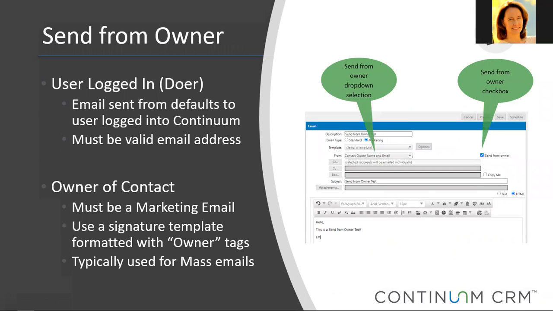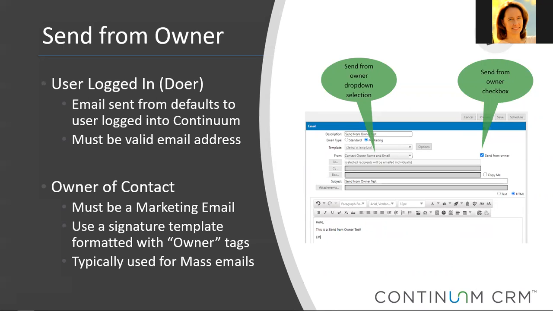Now, related to what we're just talking about with the person who's sending the email versus the person who has the relationship with the contact, right? The owner of the contact. We have something in the system called send from owner.